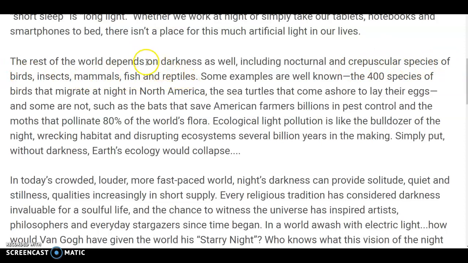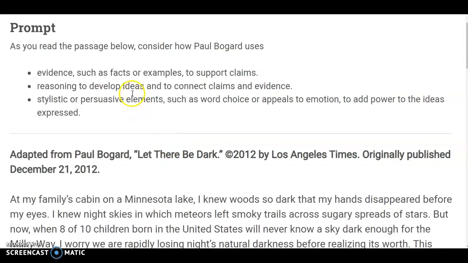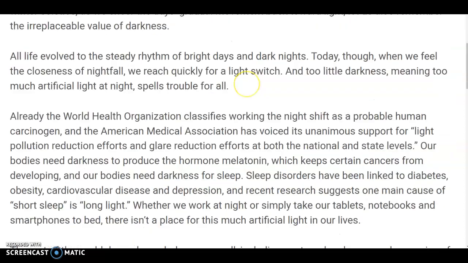So by reading this topic sentence, he's going to talk about how animals and insects and mammals and fish and reptiles also need some form of darkness. And he goes on and gives some data here. So data, there are 400 species, 80% of the world's flora. That would be data, which falls underneath the category of evidence, facts, which is going to be logos.